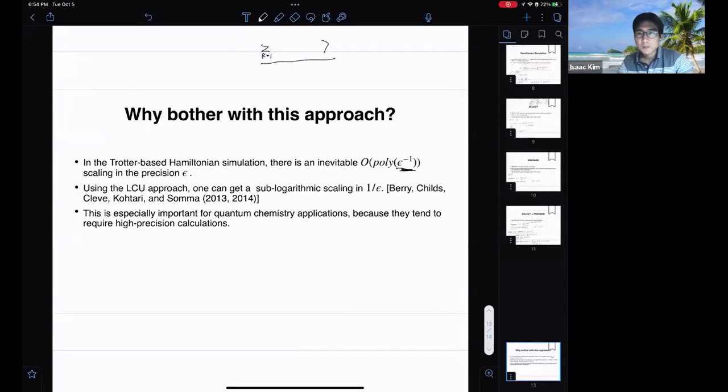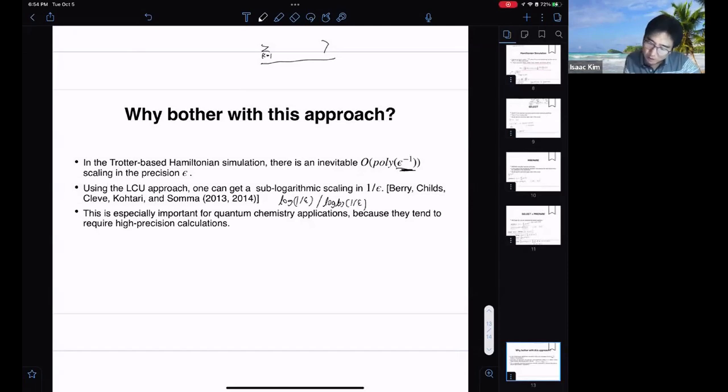It's just a fact that you cannot avoid with the Trotter-based methods. But using the LCU approach, you can actually get a sub-logarithmic scaling in 1 over epsilon. So if the time is a constant, and everything else is a constant, the scaling that you get is roughly log 1 over epsilon divided by log log 1 over epsilon, which is essentially log 1 over epsilon.